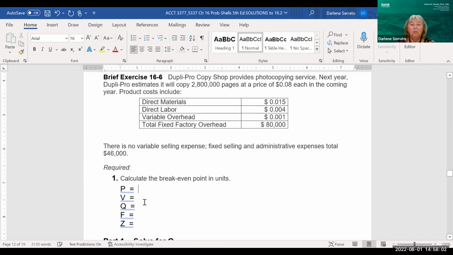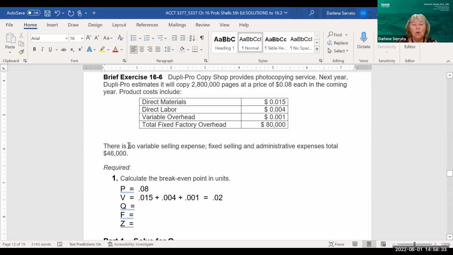All right, P is 0.08. V is 0.015 plus 0.004 plus 0.001, which equals 0.02.